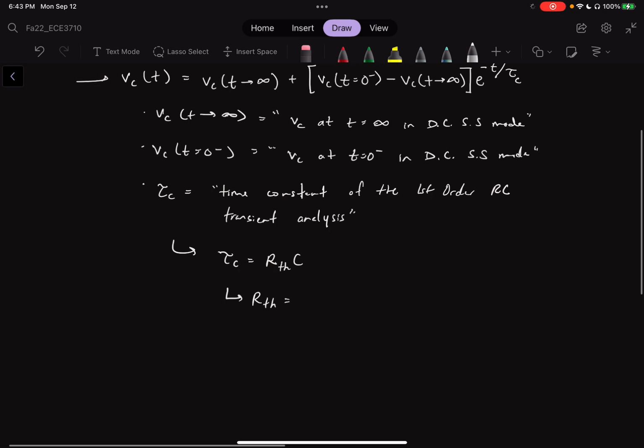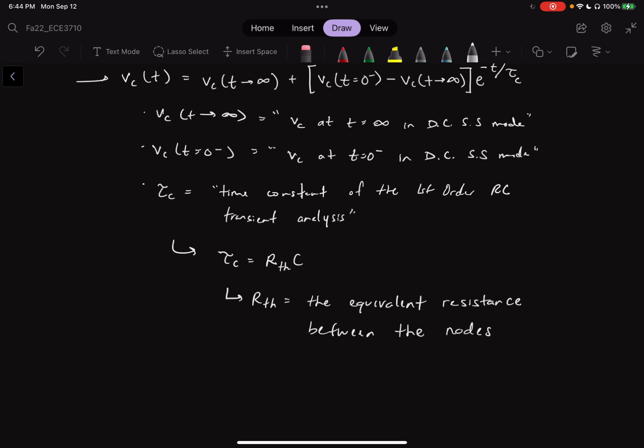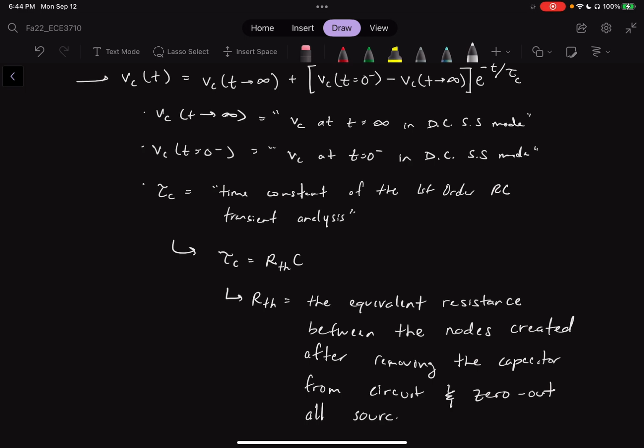R Thevenin is going to be equal to what? It will be equal to the equivalent resistance between the nodes created after removing the capacitor from the circuit and zeroing out all sources.